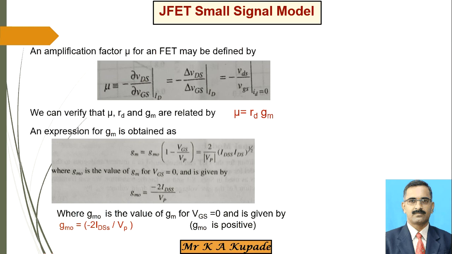That means whenever the gate to source voltage is 0, the GM we get is given as GMO equal to minus 2 IDSS divided by VP.